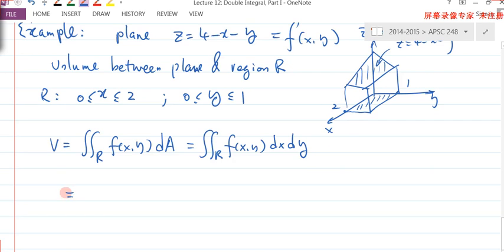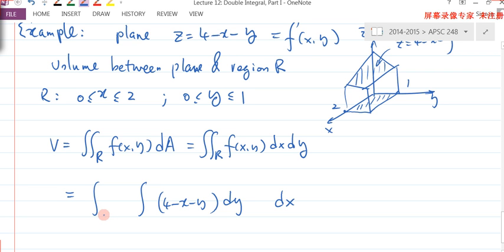So when you write it, you write two integrals here. We're integrating this function, 4 minus x minus y. We want to integrate with respect to y first, and then x. That's the template for this order of integration. After this, you need to figure out the limits now. What's the limit for y and what's the limit for x?